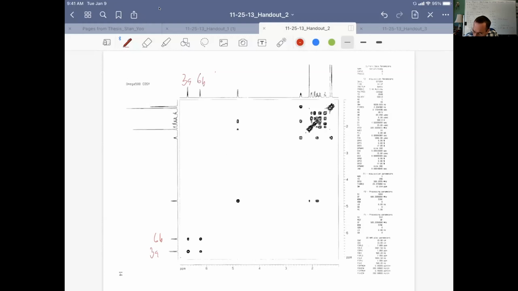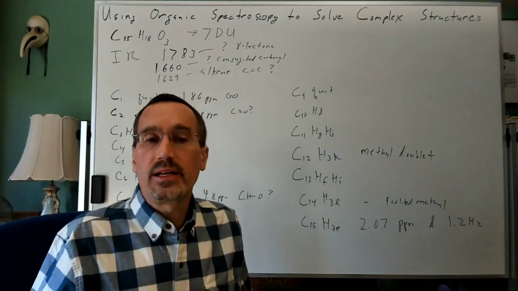And of course, by now you should be quite familiar with your diagonal and probably not need to label it. And so we get 3A crossed with 6B. And I'm going to stop at this point for a moment, I think, and start to show you how I work things.